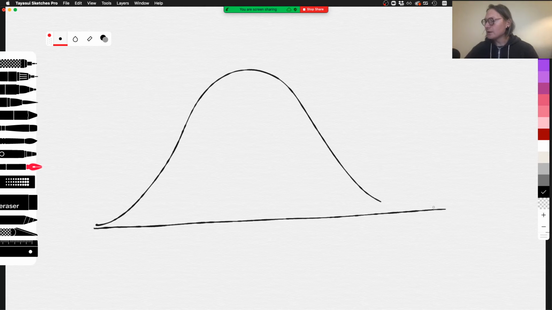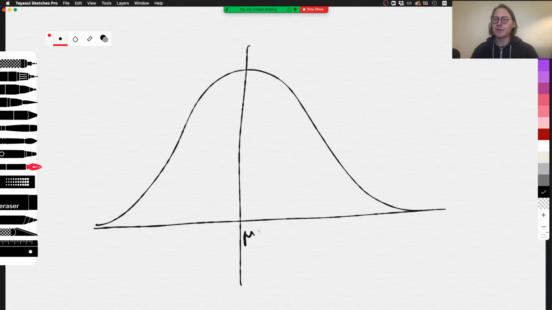But yeah, so we've got something that looks like this, right? We're centered around the mean, and of course, we have standard deviations out from the mean.